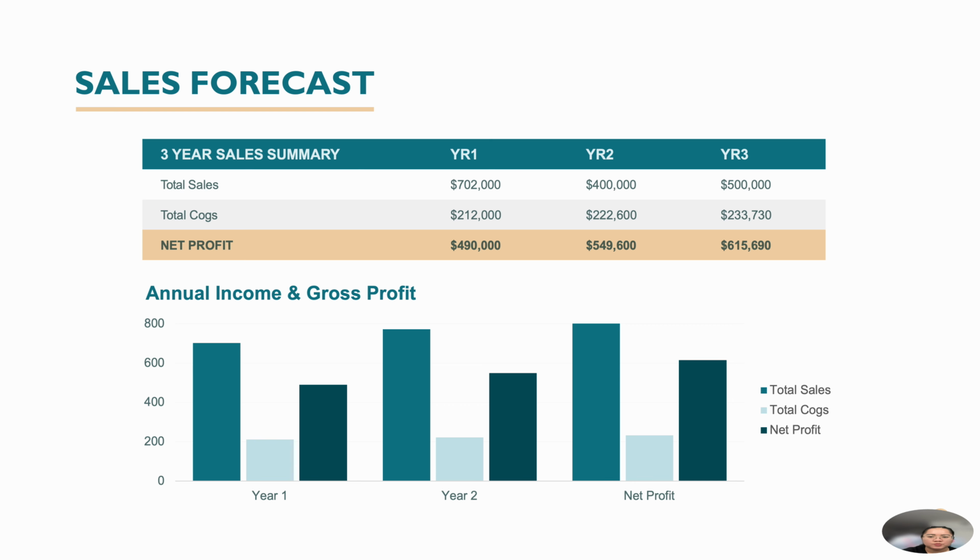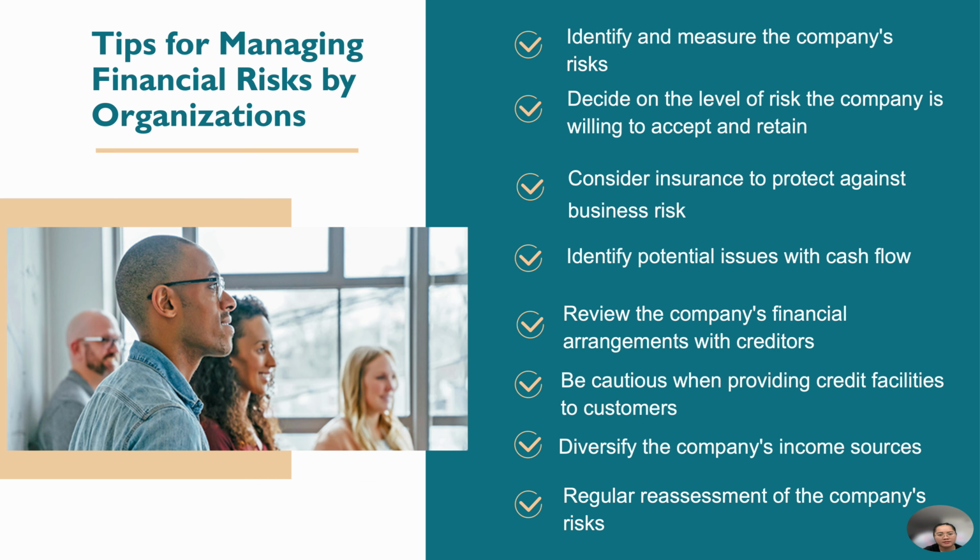The idea is to understand what the company is willing to take, what risk should be avoided, and how to develop a strategy based on your risk appetite. The key to any financial risk management strategy is a plan of action.